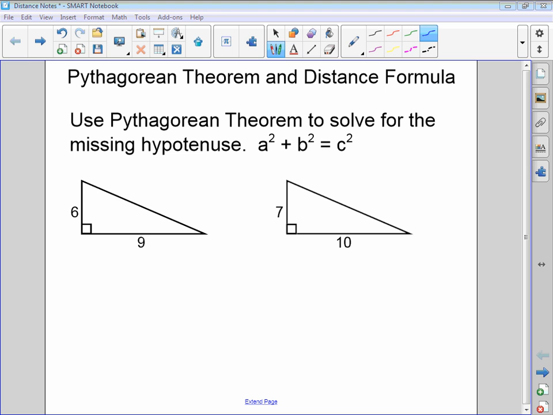So looking at this first problem here, we first label our hypotenuse as C, so across from the right angle.